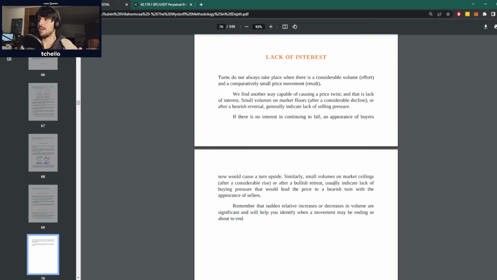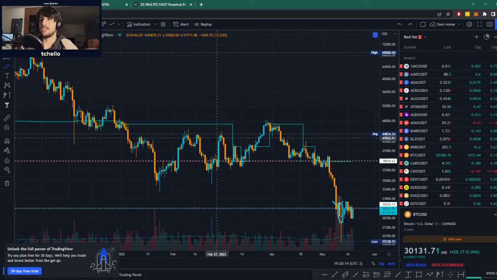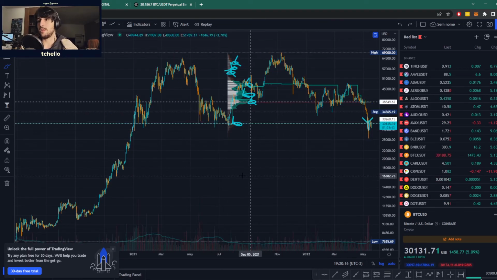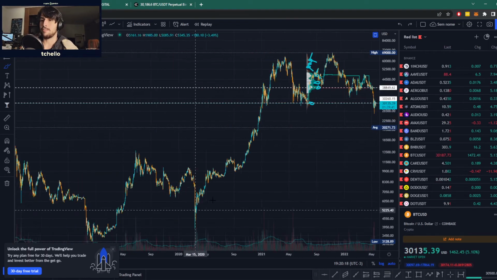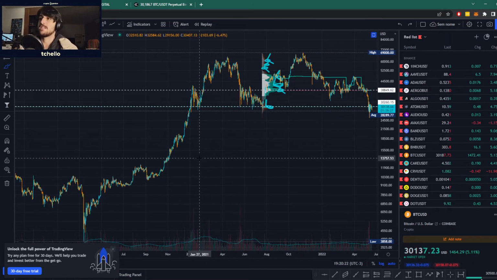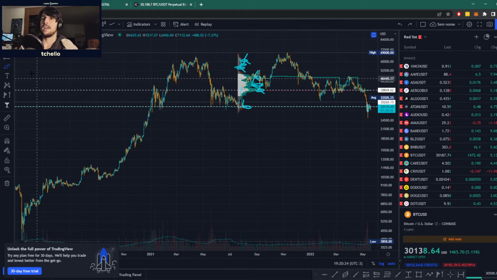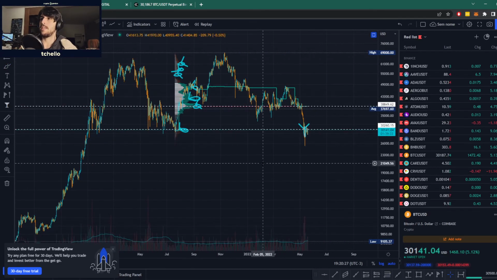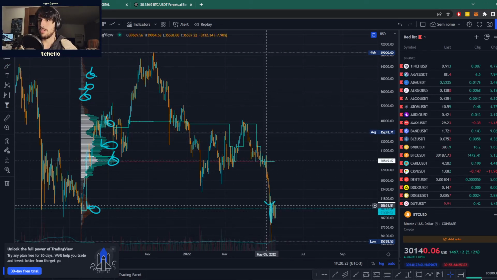And we can look a lot into how price is moving by the volume that it has. And so lack of interest, just as you can see, when the price is ranging sideways and the price is not that exciting, honestly, when the price action is not that exciting for naive market participants, then it means that, you know, usually we are hanging sideways.